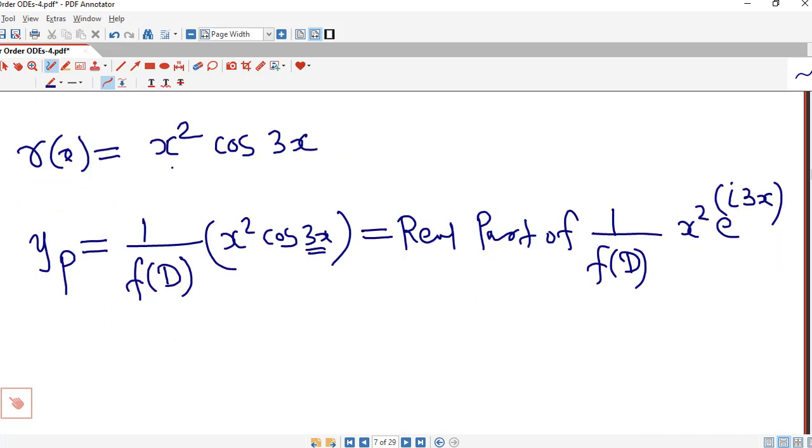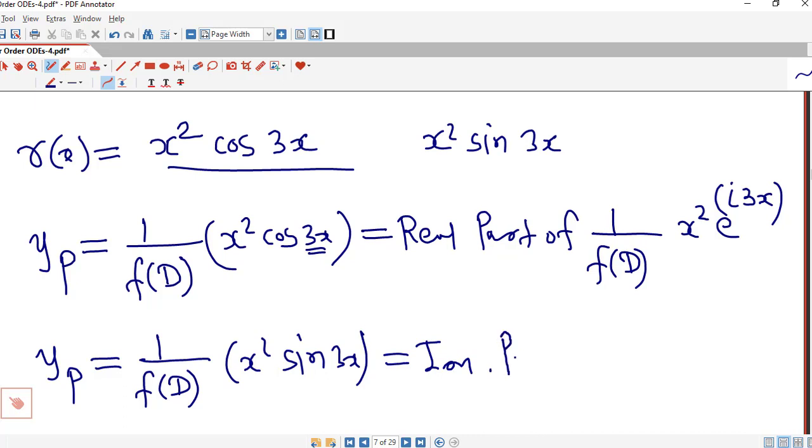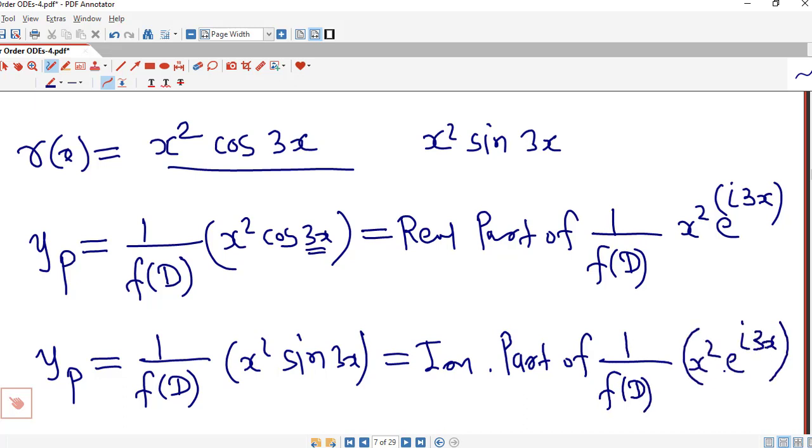And suppose instead of x square cos 3x, we have x square sin 3x, then the particular integral is 1 over f of D x square sin 3x. So if we have a sine function, we consider the imaginary part of 1 over f of D x square e raised to i into 3x. So this remains the same: if it is cosine, we find the real part of this quantity, and if it is sine, the imaginary part of this quantity is your particular integral.